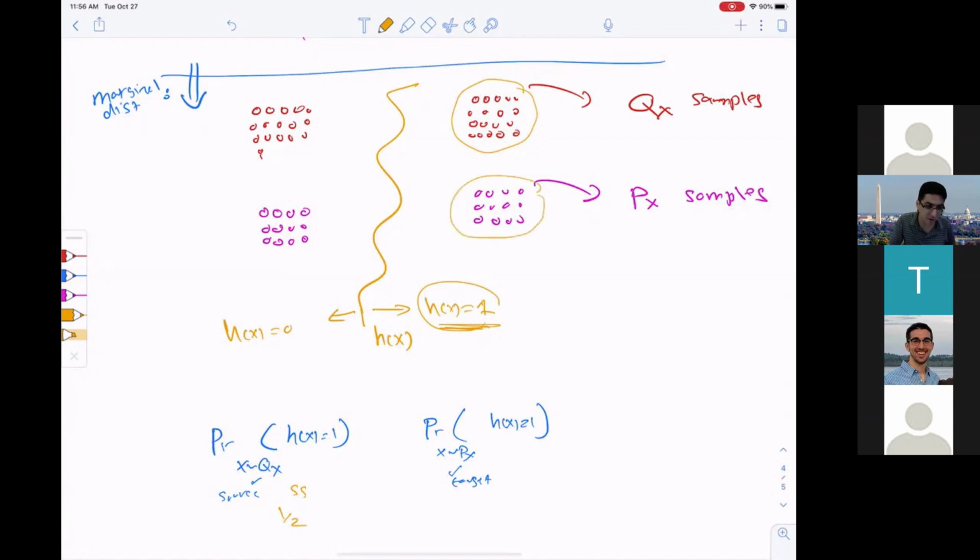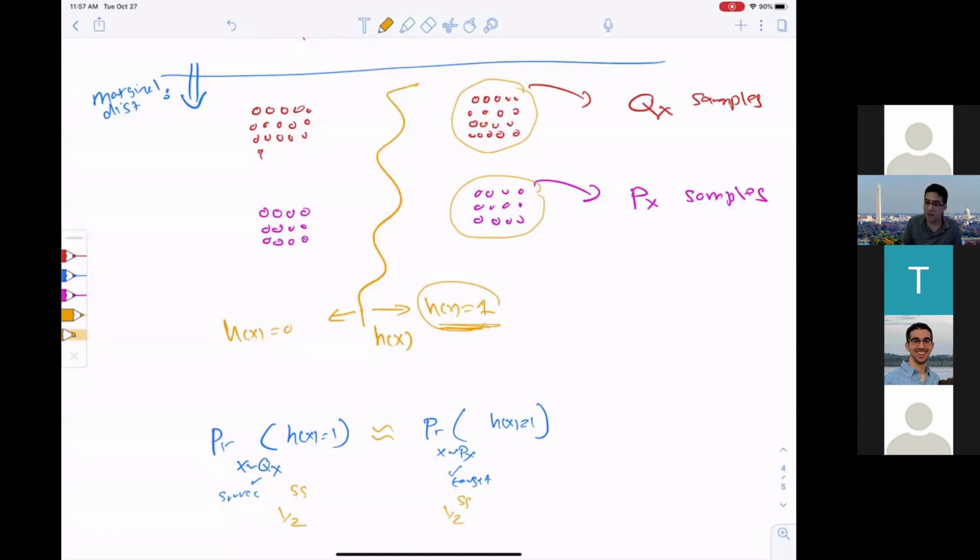Basically, the fraction of my target samples. Yes, exactly, so it is half. So in other words, at least for this hypothesis, from the point of view of this function h, source and target are quite the same.